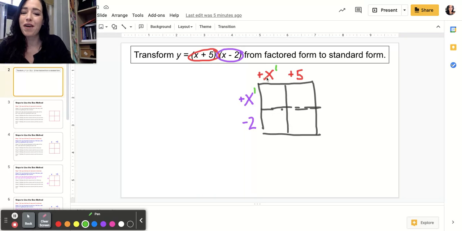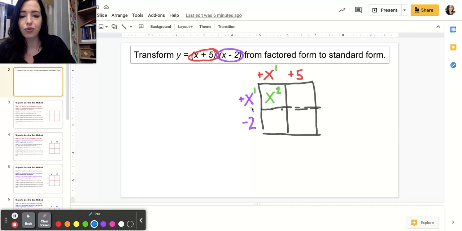So we have the same base, which is x, so I'm going to keep that. But x times x is actually going to be x to the power of 2. If you remember, when we're multiplying the same base with different exponents, we add the exponents. Well, 1 plus 1 gives me 2. Okay, so that's my first box.